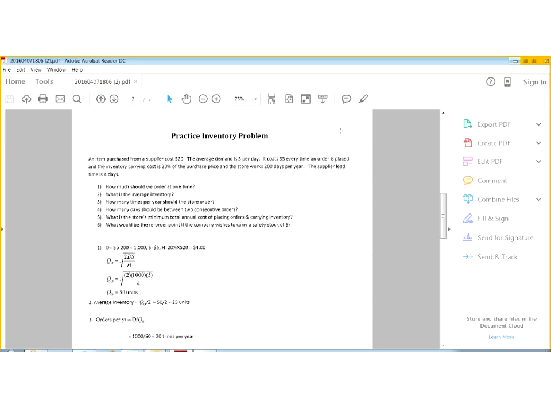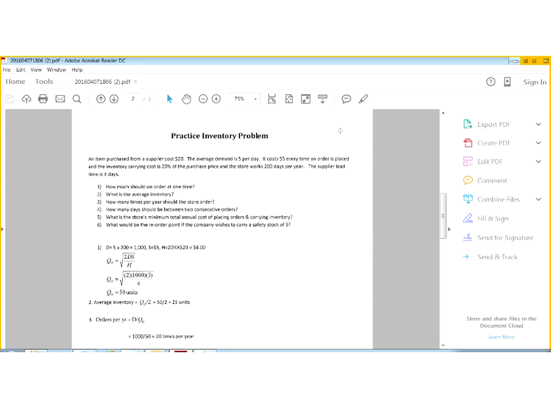So the first thing that you should do is write down the values for the variables that are needed in the formula. So we need to know what the annual demand is. The annual demand is not stated, so we're going to need to calculate it.